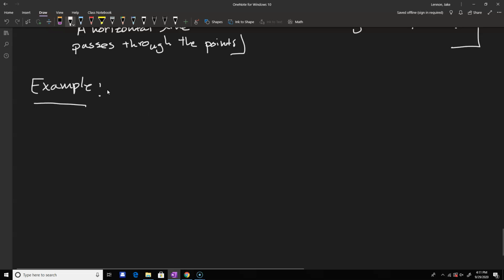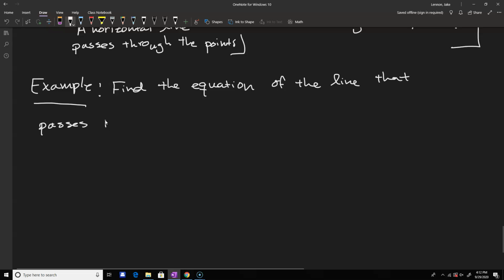So let's say find the equation of the line that passes through (3, 10) and (5, 16).